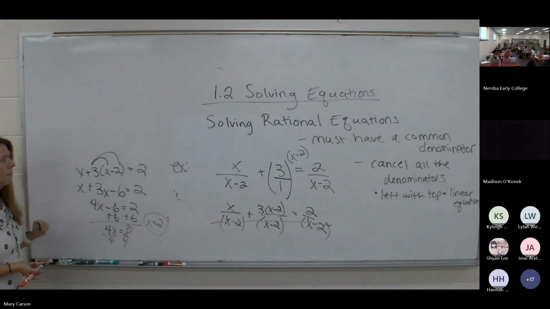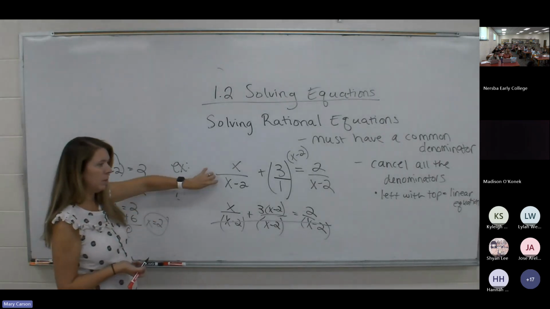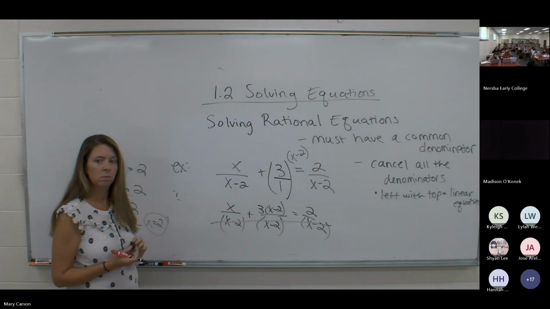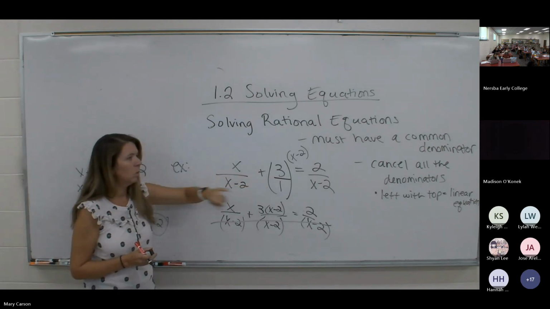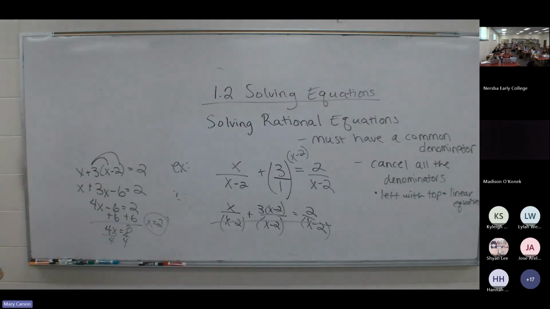Okay? Now, the hard part about rational equations is to remember to check your answer. If I plugged this 2 back up here in the original equation, would it work? No. Why?